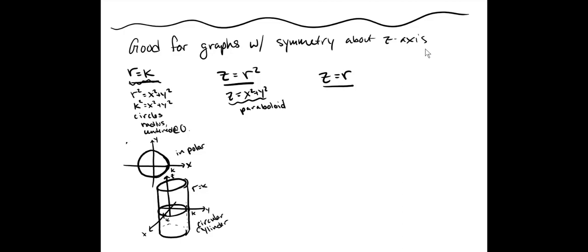It's really just z equals the distance from the z-axis squared. However far out from the z-axis you are, your z value is the square of that. So that gives us a paraboloid. We recognize that from the quadric surfaces.